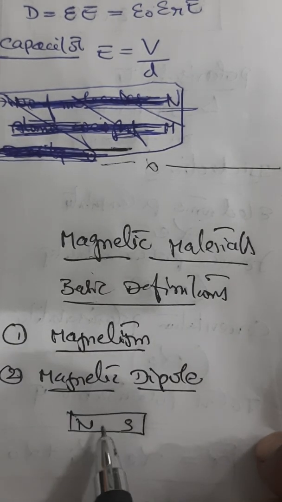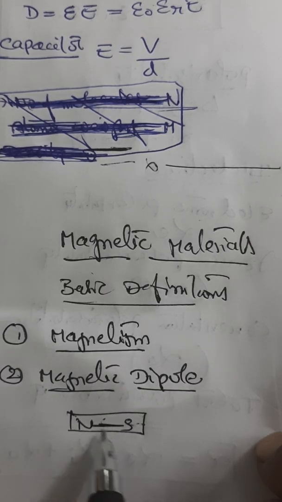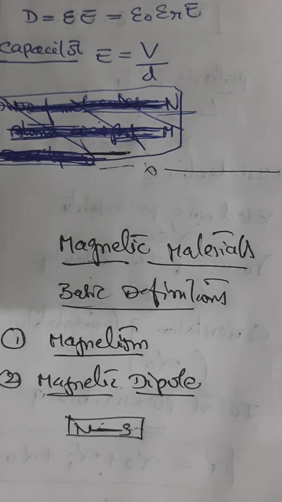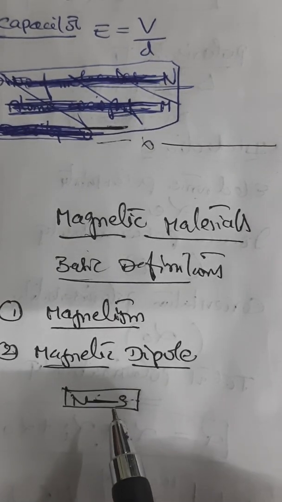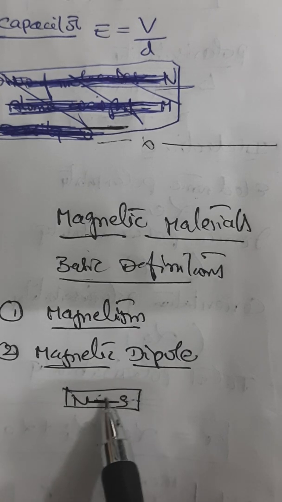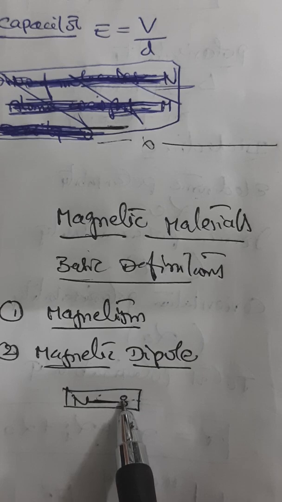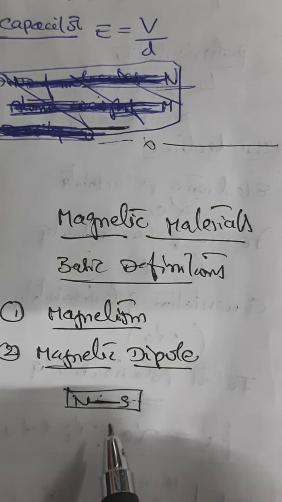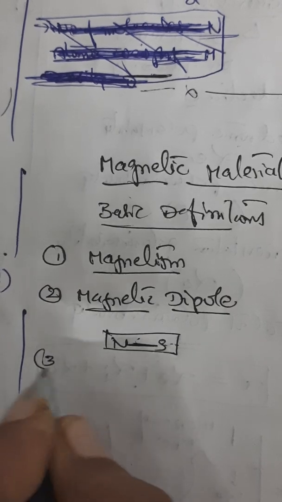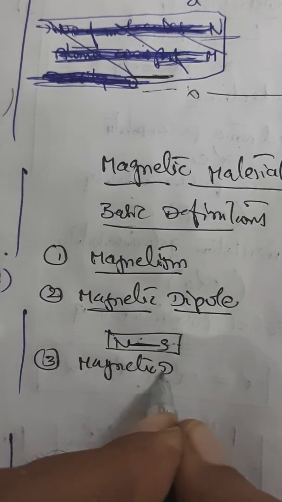So any two opposite poles separated by a finite distance constitute a magnet. Each magnet is a dipole. So any two opposite poles separated by a finite distance constitute a magnetic dipole. Whenever you use the word magnetic dipole, naturally you will have the magnetic dipole moment.